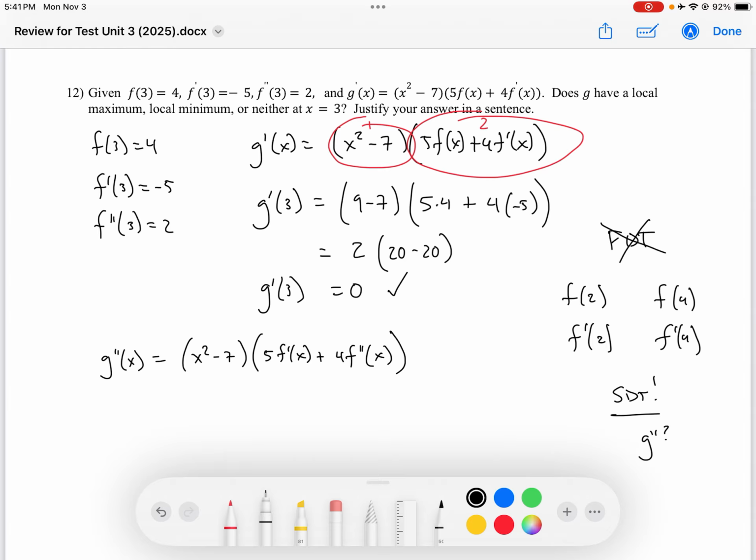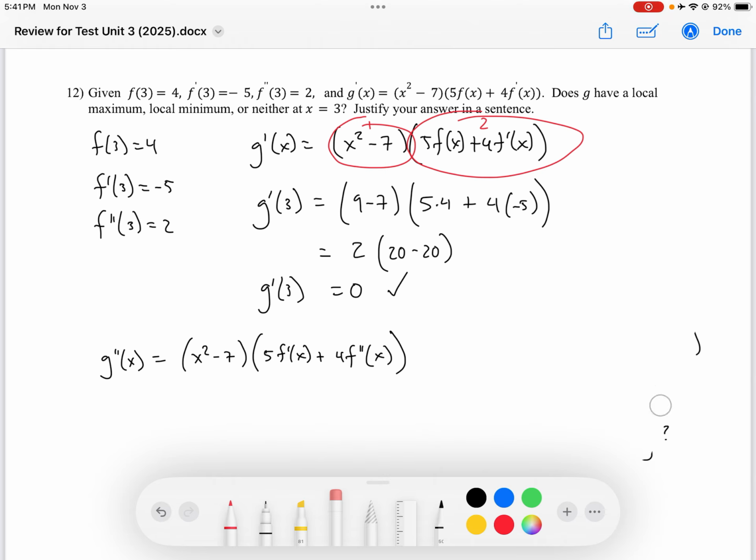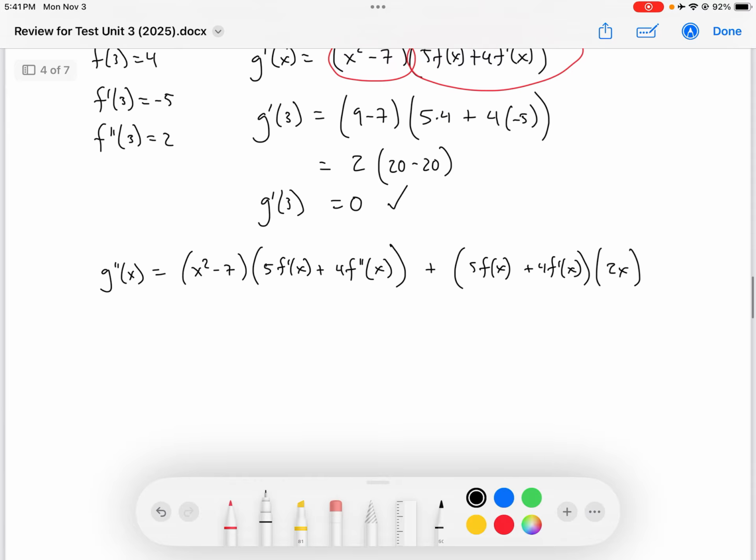Another hint that I'm going to use the second derivative is because they gave me f double prime. Now I need to do plus the second, which is 5f plus 4f prime, times the derivative of the first, which is 2x. Nice.